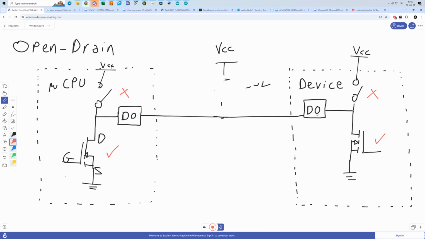This device sometimes wants to tell something to the microprocessor, and in that case, it needs to affect the state of the bus depending on what it wants to tell. So this would be impossible with a push-pull. What we could do is use a tri-state configuration. Then of course that would be perfectly possible, but open drain is still preferable.